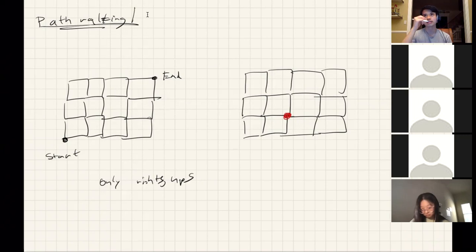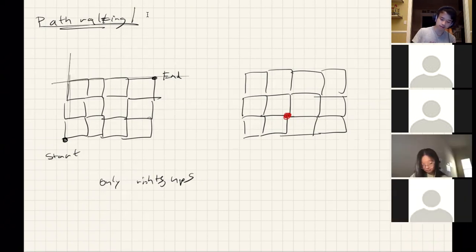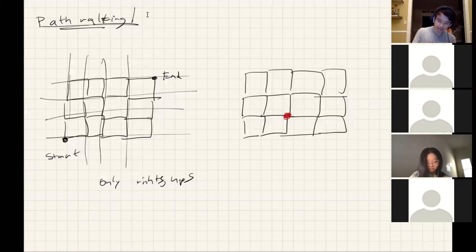The basic example is where you have a lattice, like a square grid of squares. You can think of it as being in the coordinate plane, and you have these lattice points spaced 1 unit apart from each other.